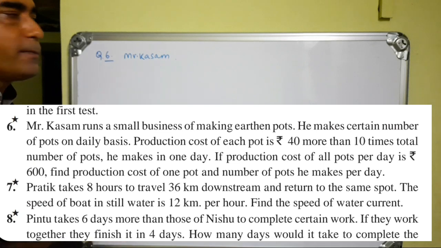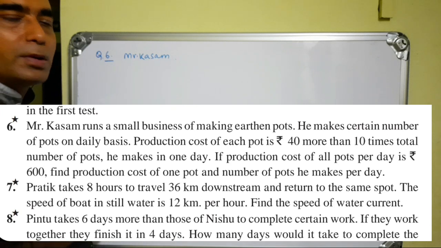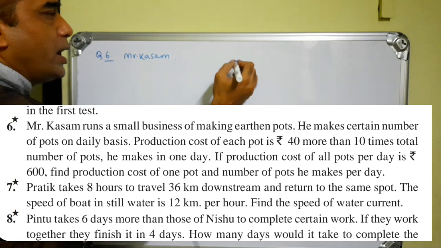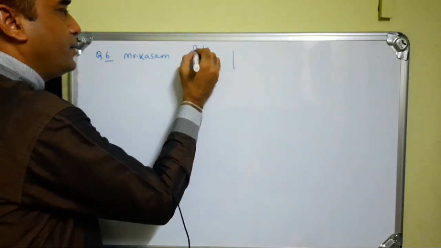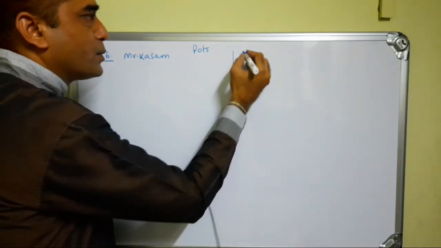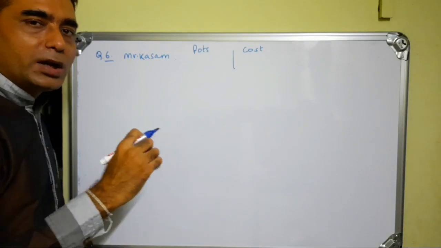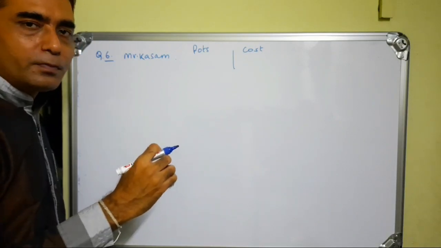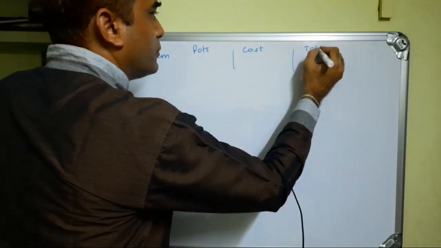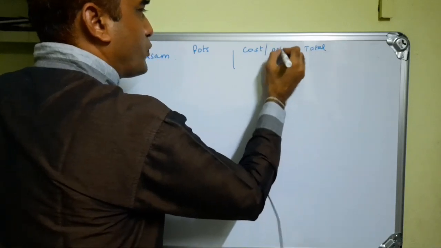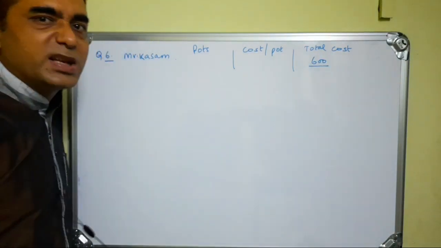There's this potter who makes pots, and he makes a certain number of pots every day, and the cost of one pot is 40 rupees more than 10 times the number of pots he makes every day, and the total cost of all the pots he makes in a day is rupees 600.